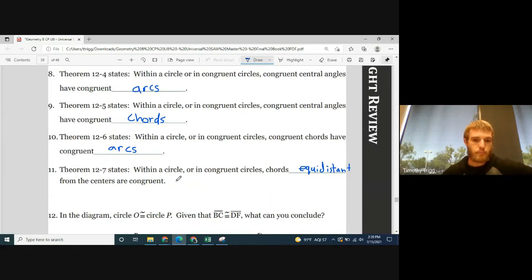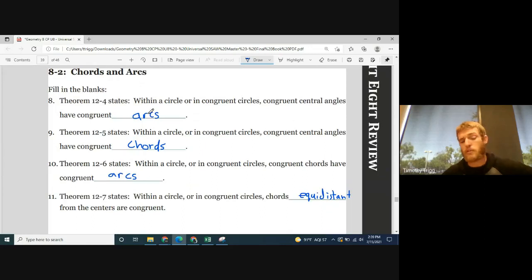Basically what this first one says is if you have a circle and you have two central angles, and these two central angles are the same, then they have congruent arcs. So these arc lengths will be the same.